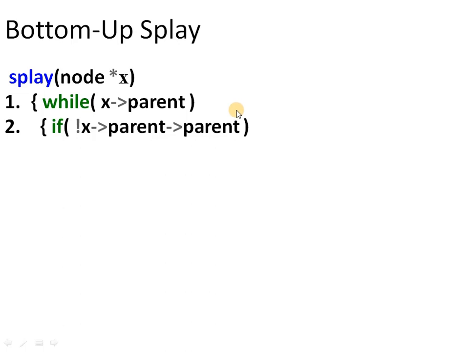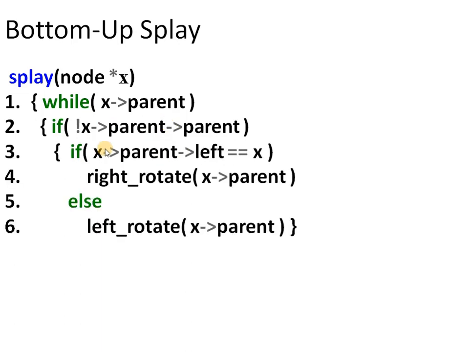Because if the grandparent is existing, that means we have to pick either from the double rotations, that is zigzag or zig-zig. But if the grandparent is not existing, then we have only two options, that is zig left or zig right. So if at line number 2 the grandparent is not existing, then we will check if the parent of x and x are connected via left child pointer or right child pointer.